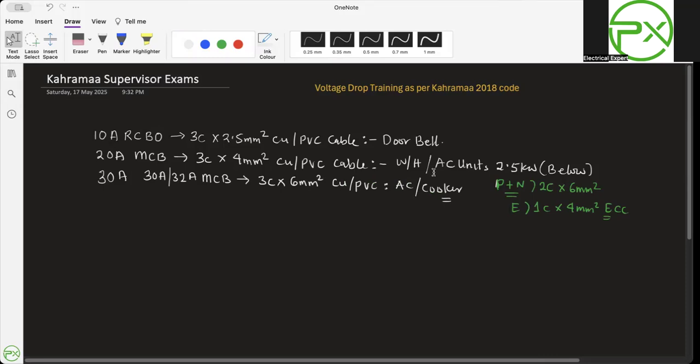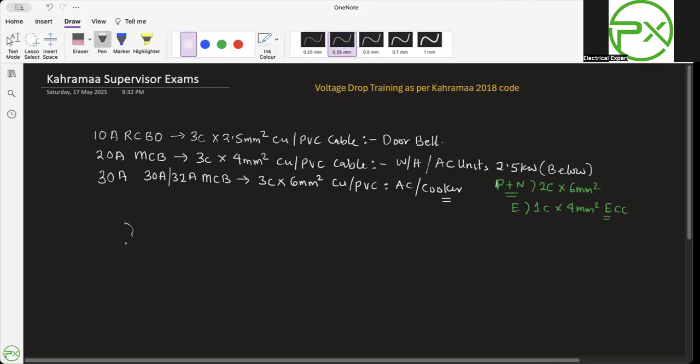But now, if we are looking at voltage drop, which is our main focal discussion: as I said earlier, voltage drop is a reduction in voltage, which has to be corrected. I said before that it is due to the resistance and the impedance of the cable that normally cause voltage drop.